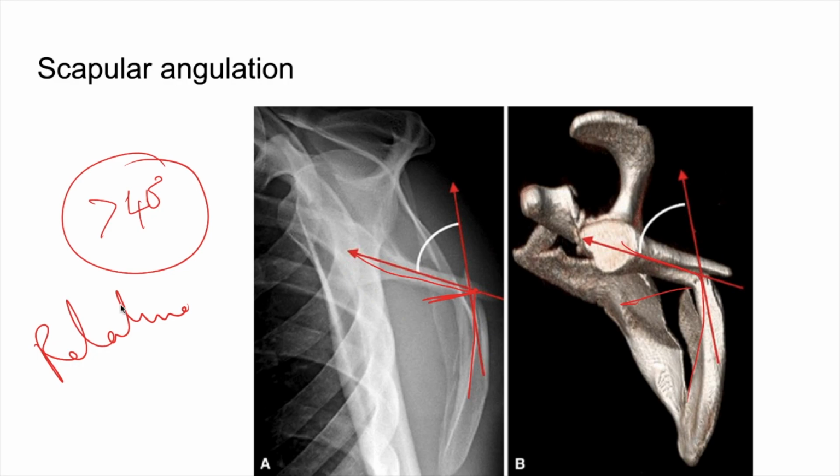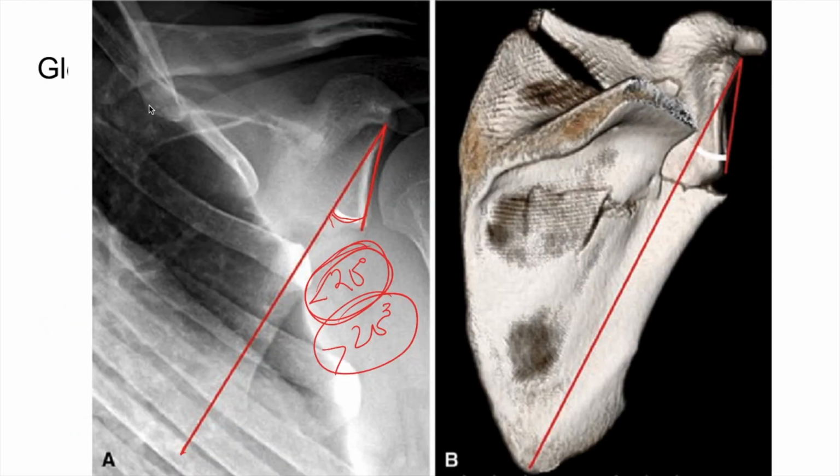As I've already said, scapula fractures are most likely managed conservatively. Very rarely they are managed surgically, and these are some of the indications for surgical management. So more than 40 degrees of scapular lateral border angulation on a Y scapular view.